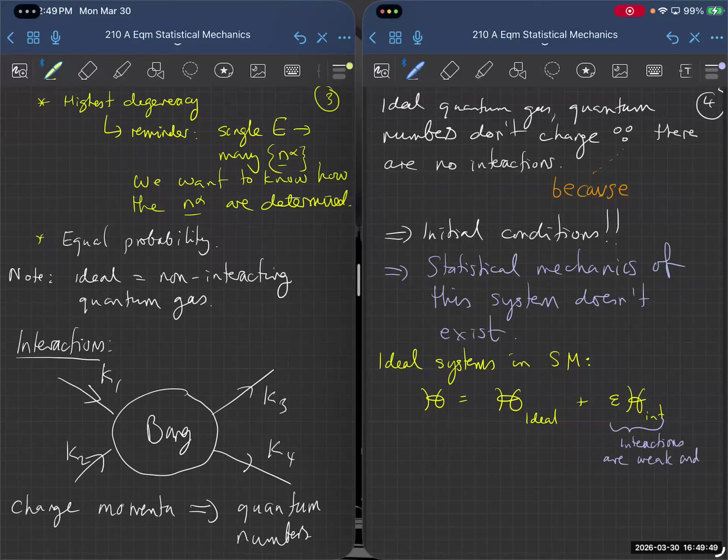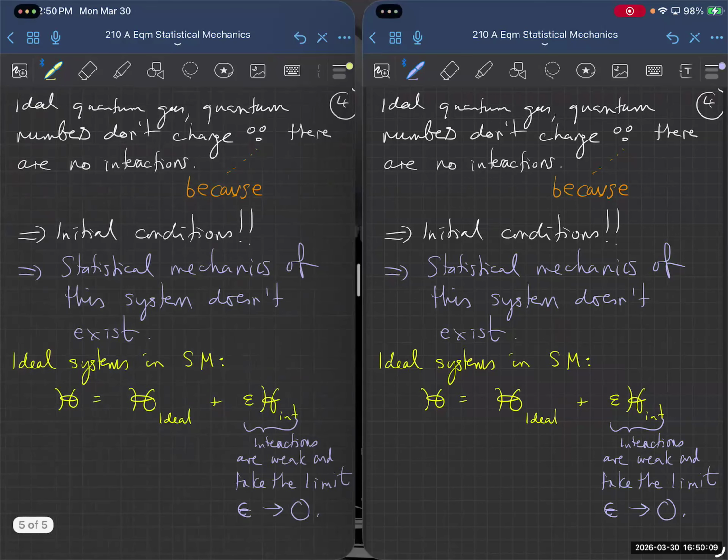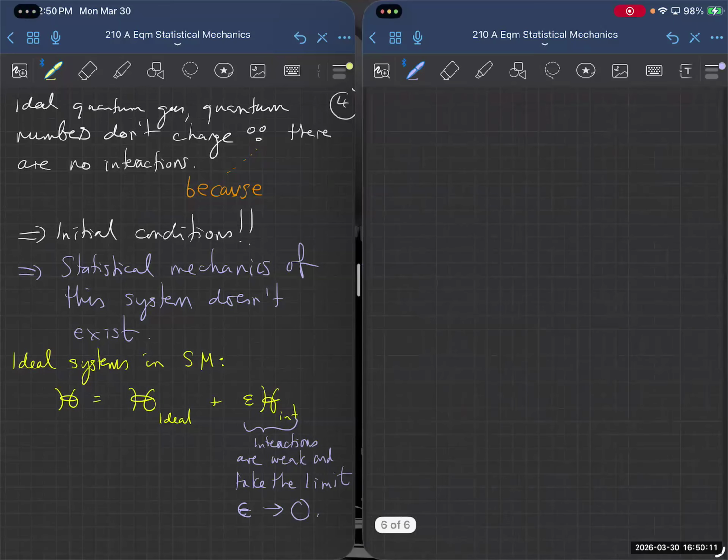And we're going to take the limit as this epsilon goes to 0. Okay, so that's the idea. Now, what do you think happens? So here's what I've just told you.